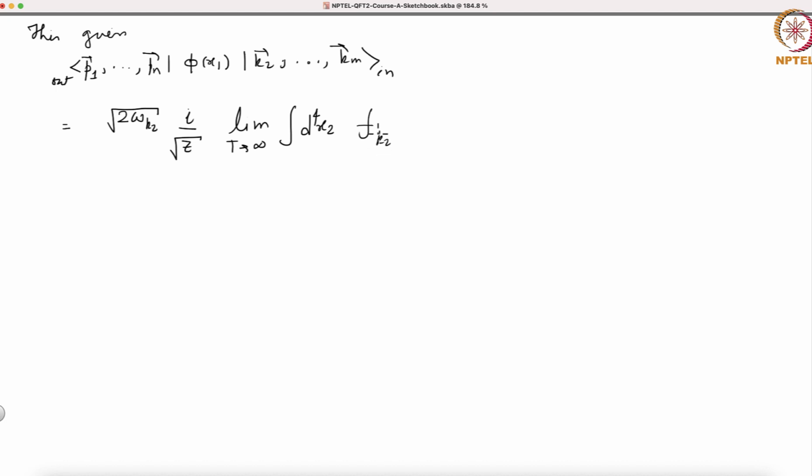f k2 x2 t, then we have box 2. The box is with respect to the label x2, so I am writing box 2 with the subscript 2. And then we have out p1 to pn, time order product of phi x2 phi x1.